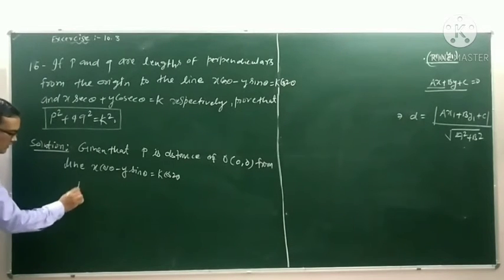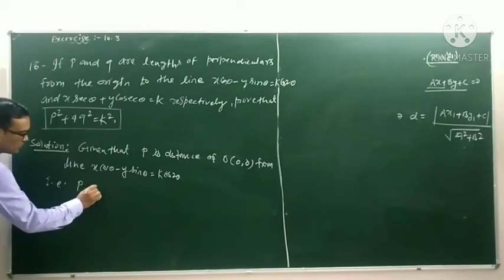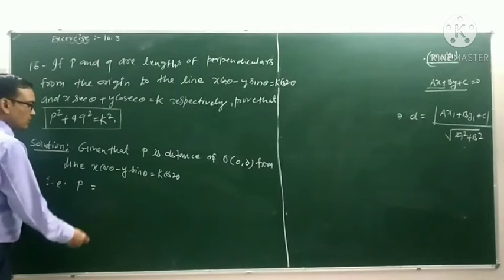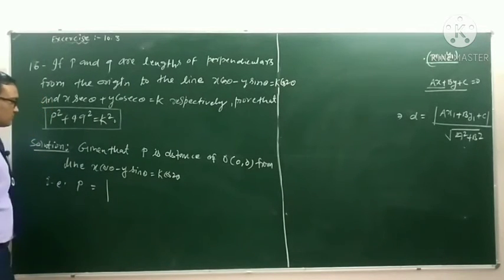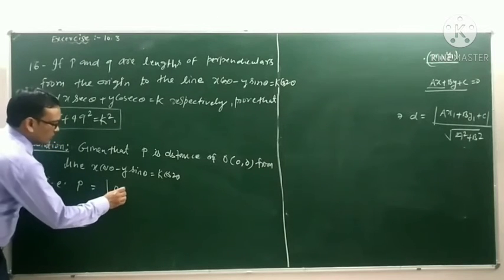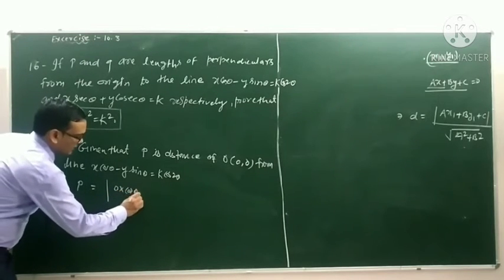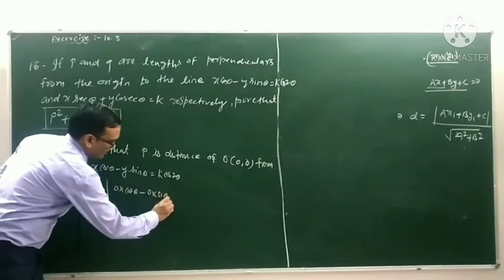That means p equal to mod of 0 multiply cos theta minus 0 multiply sin theta.